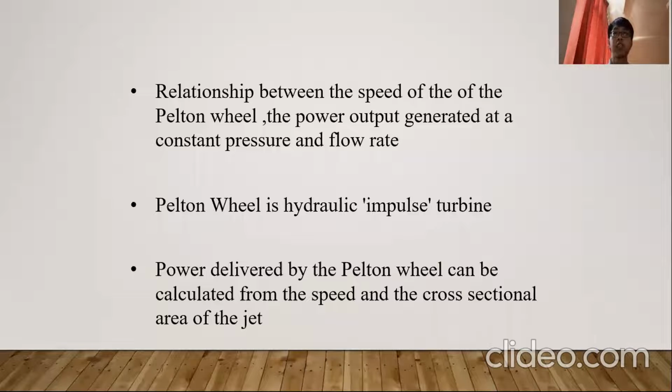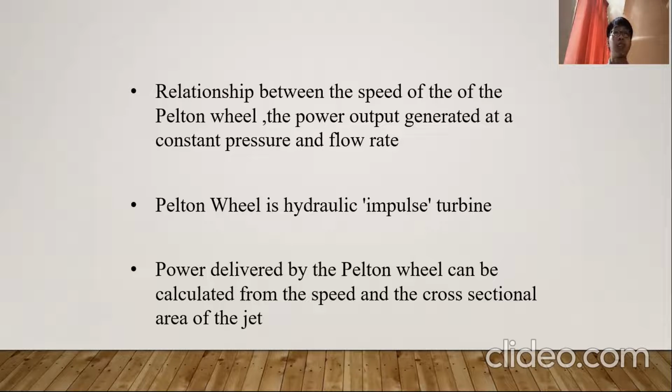The purpose of this investigation is to study the relationship between the speed of the Pelton wheel, the power output generated at a constant pressure, and also the flow rate. The Pelton wheel is a hydraulic impulse turbine in which one or more water jets collide with the buckets mounted on a wheel.